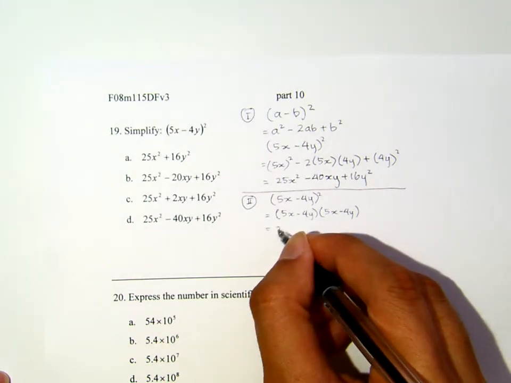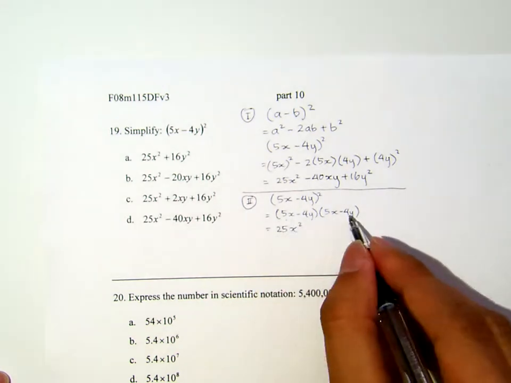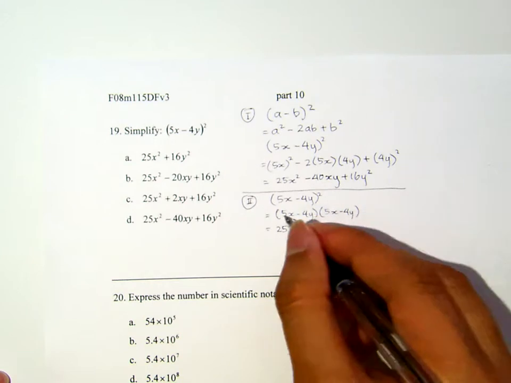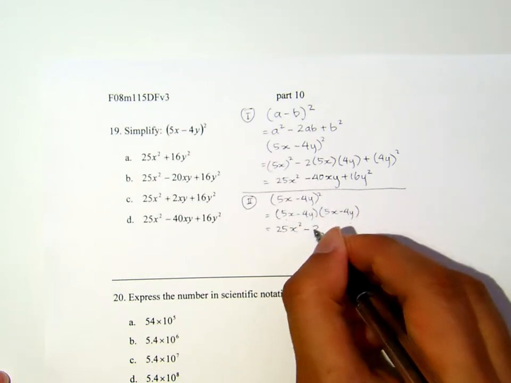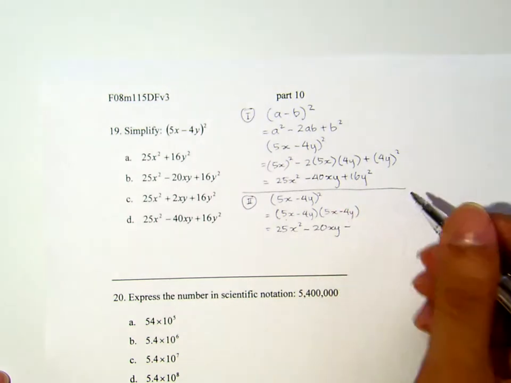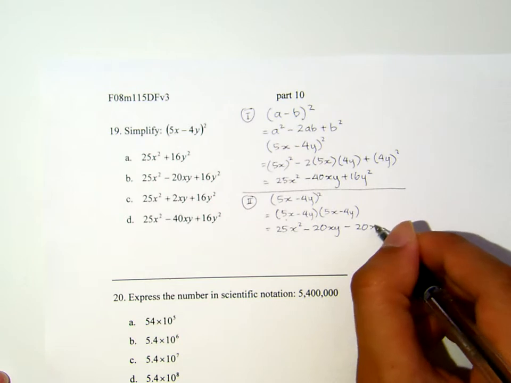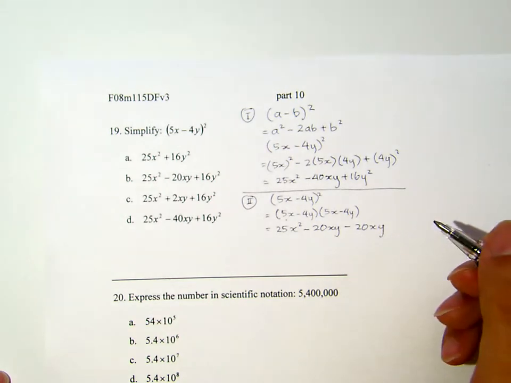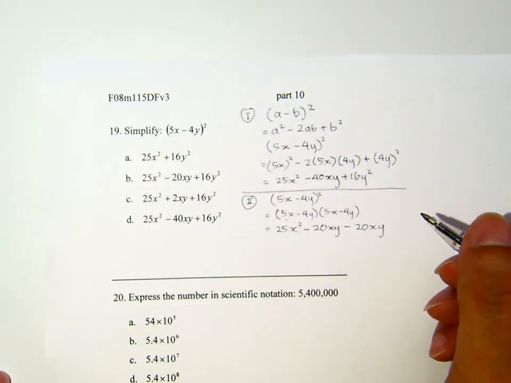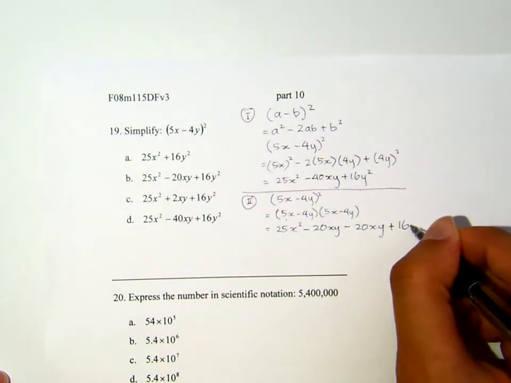The first terms will be 25x squared. The outer term will be negative 20xy. The inner term will be negative 4y times 5x, which is minus 20xy. And the last term will be negative 4y times negative 4y, which is positive 16y squared.